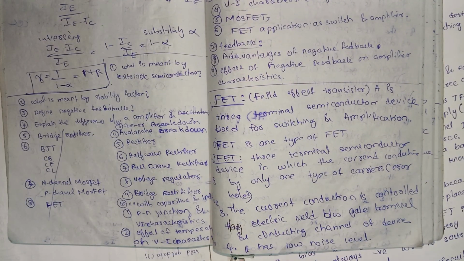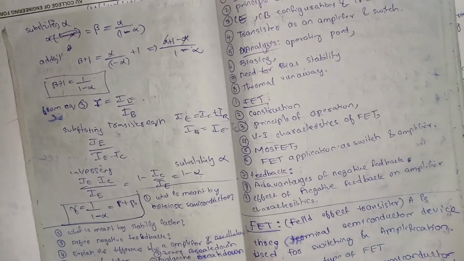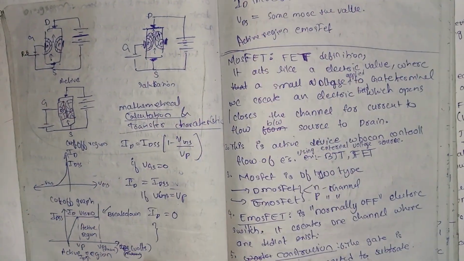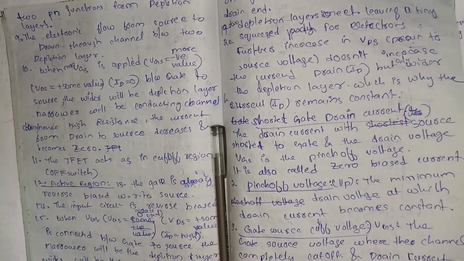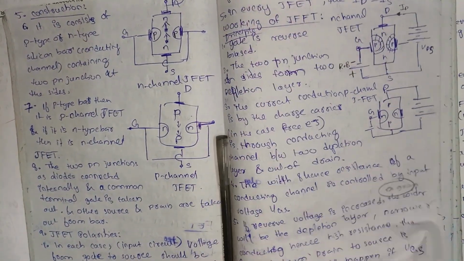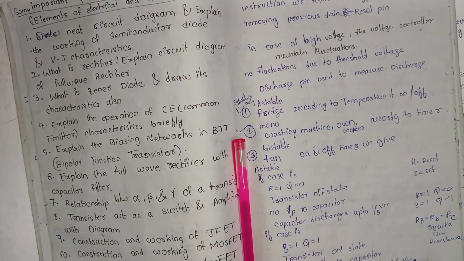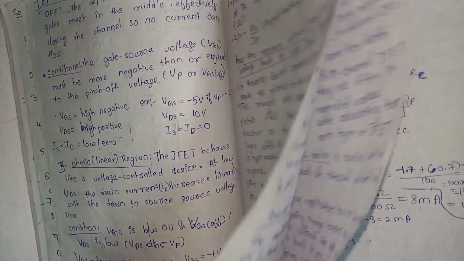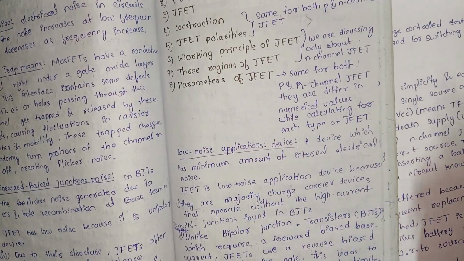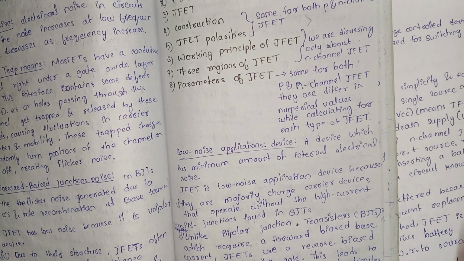Why does it have a low noise level? What is a low noise application? A device which has a minimum amount of internal electrical noise.